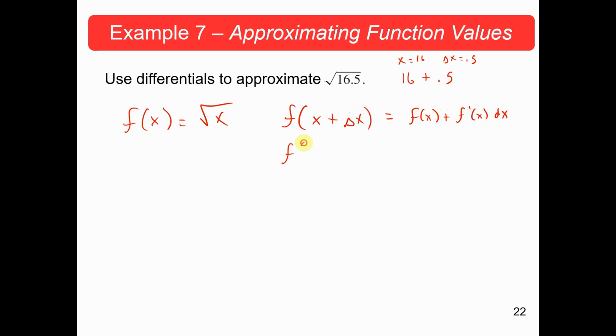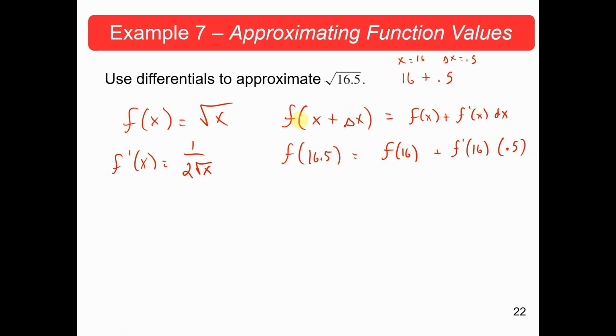So this means that f of 16.5 equals f of 16 plus f prime of 16 dx, but dx is 0.5. So if I know that the square root function is my f of x, I know that f prime of x is 1 over 2 square root of x. So I can just plug these values in.